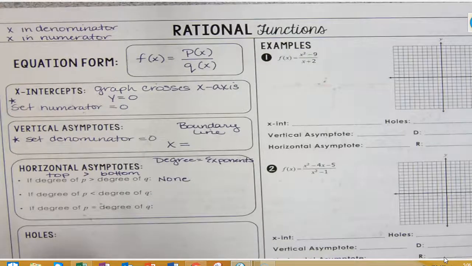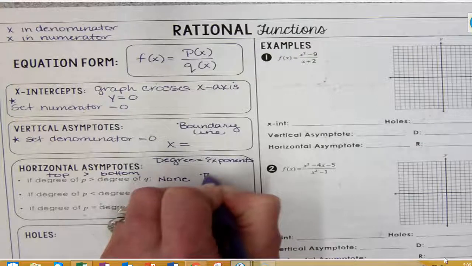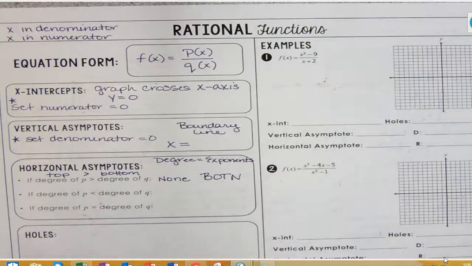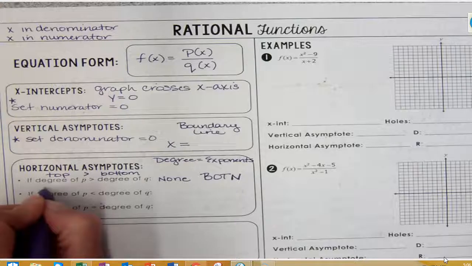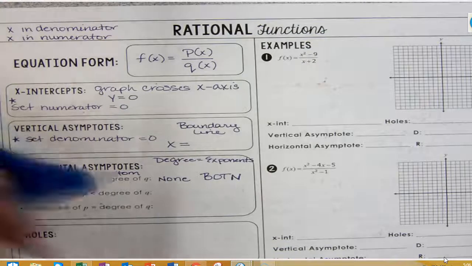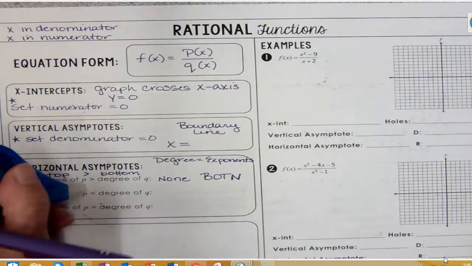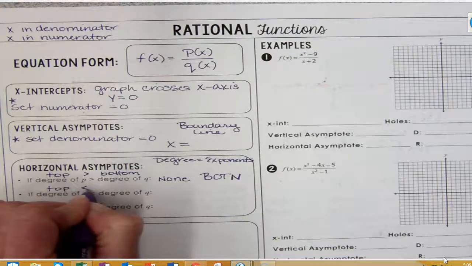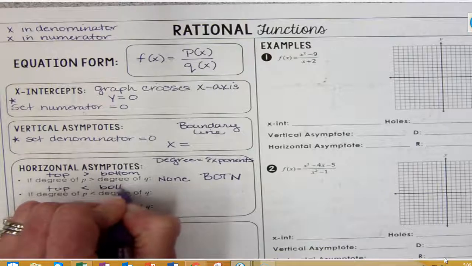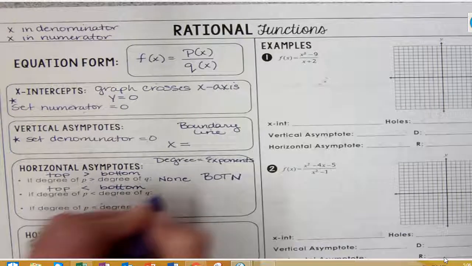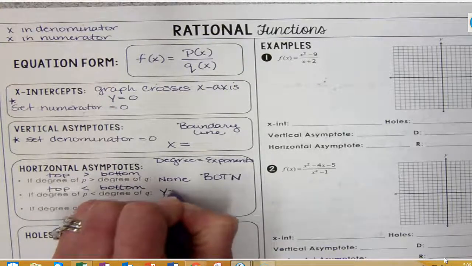The way that we can remember that is: bigger on top, none. If the top is smaller than the bottom, then you're going to have an asymptote of 0, so y equals 0.